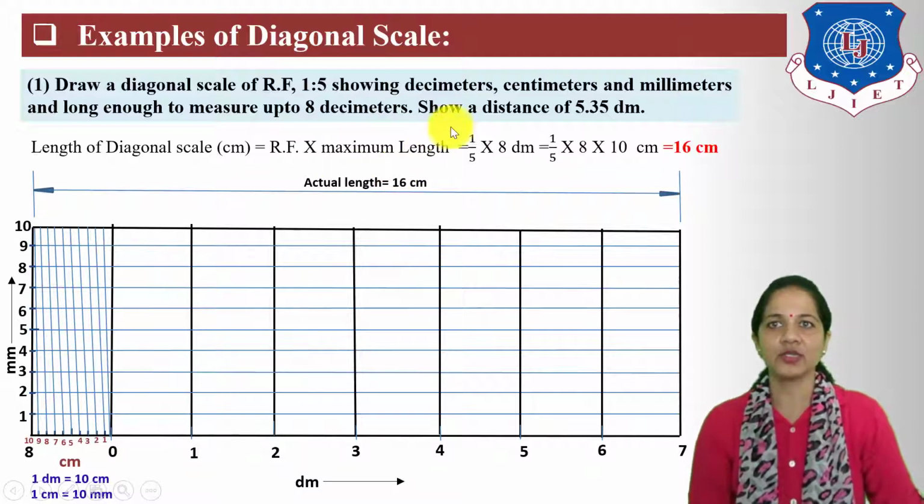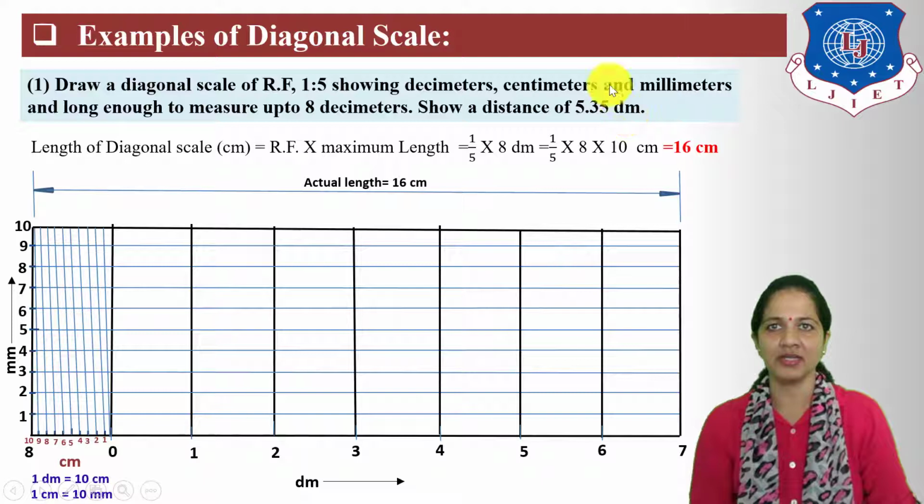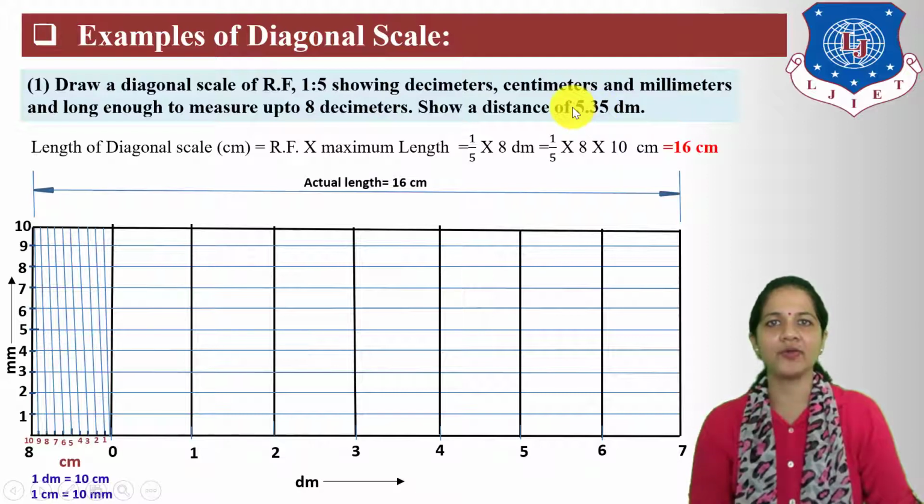Now, show a distance of 5.35 decimeter on this scale. So here 5 millimeter, 3 centimeter and 5 decimeter. So first select smallest unit, which is 5 millimeter.